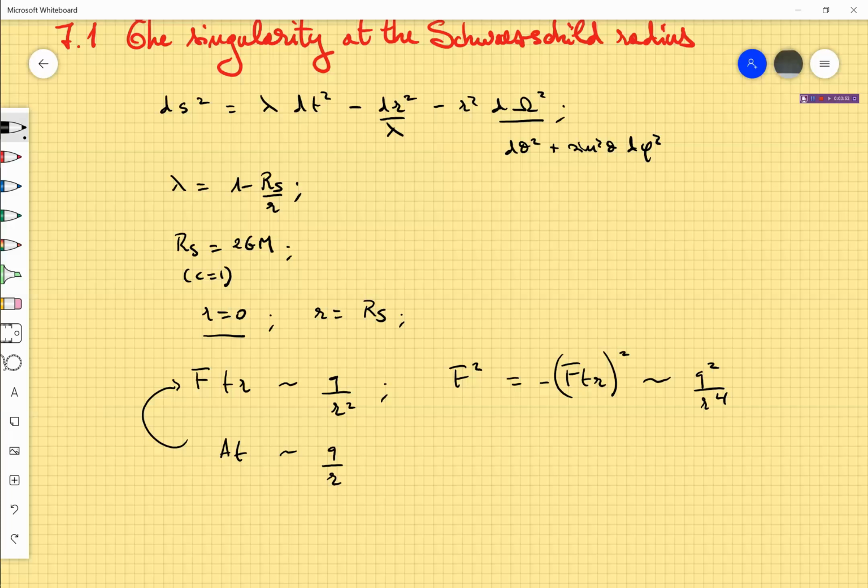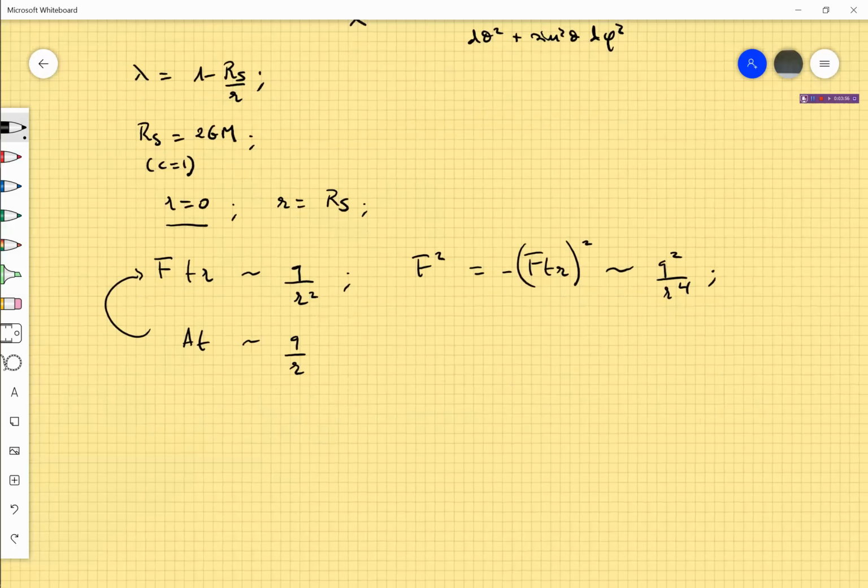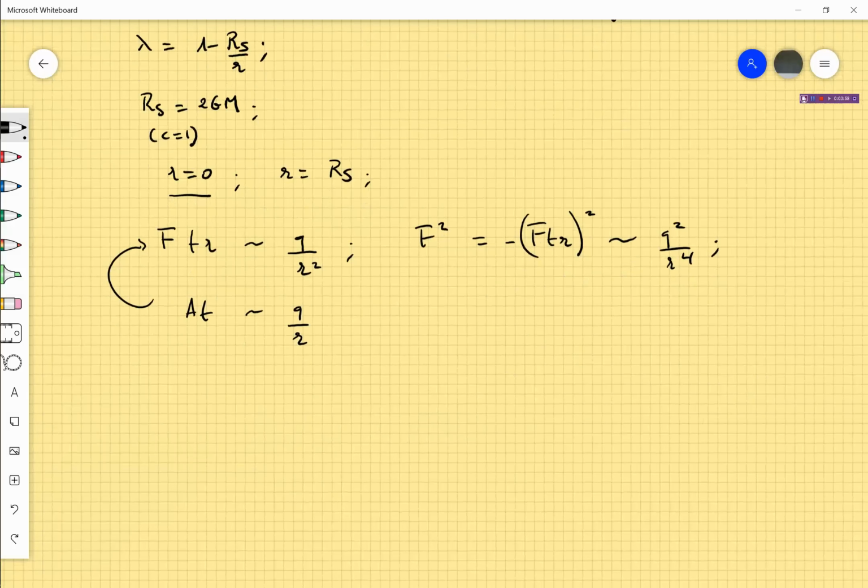Now the value of F squared, which is a scalar, is a coordinate invariant, does not depend on the coordinates. The particular expression does depend on the coordinates, but the fact that this diverges at r equals 0 cannot be avoided no matter how you change the coordinates. And then we know that there is a physical singularity there.